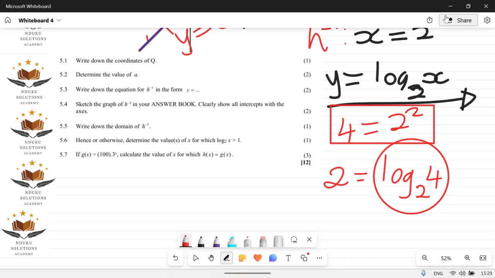And then the next question says, let us sketch the graph of h inverse in your answer book. Clearly show all the intercepts with the axes. So I will try to use the same diagram so that it can actually be clear to us. Let me move up a bit.